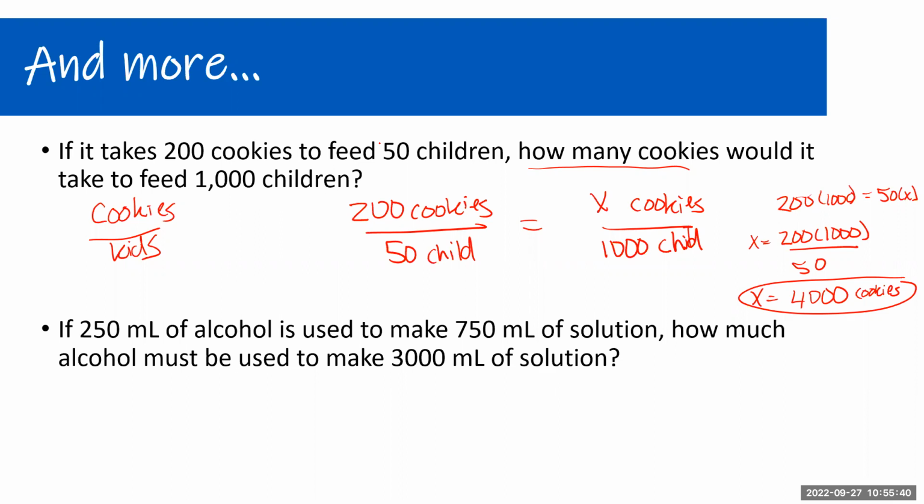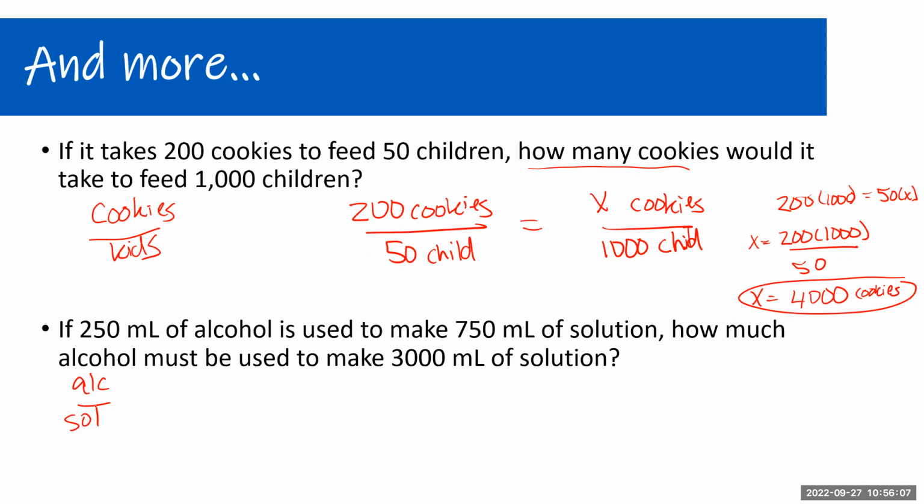Let's do one more. If 250 milliliters of alcohol is used to make 750 milliliters of a solution in the chemistry lab, how much alcohol do you need to use to make 3,000 milliliters of solution? Now this one, you have to be careful with units again, because everything's milliliters. So instead of saying, okay, milliliter over milliliter, let's just say we're going to talk about alcohol over solution.